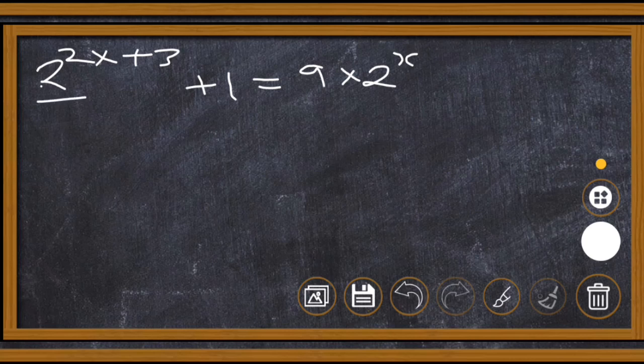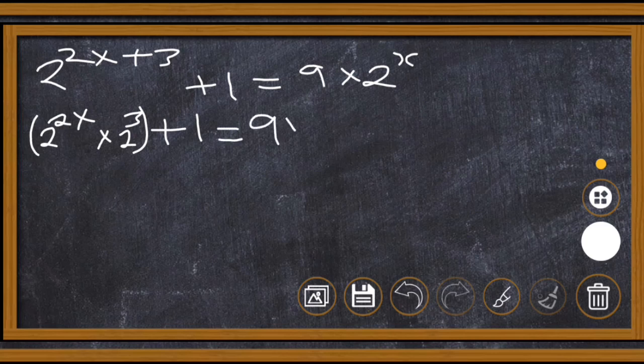Let's simplify this part here. We know by now that for us to have the addition of the powers, it means they multiplied the same bases. So it simply means we had 2 power 2x multiplied by 2 power 3, then plus 1 equals to 9 multiplied by 2 power x.